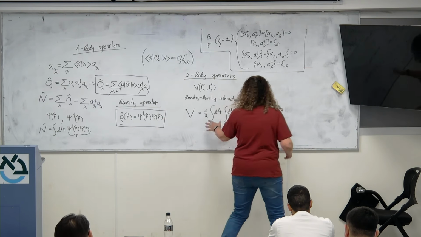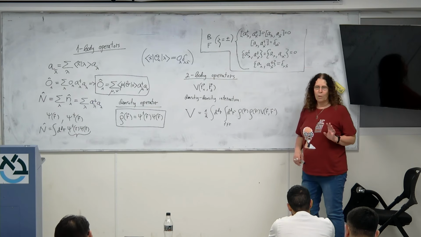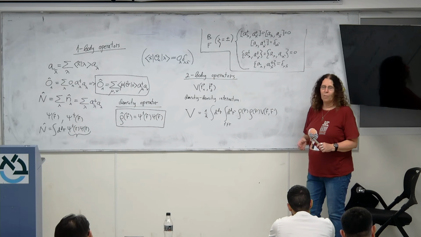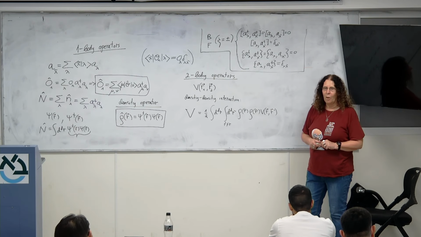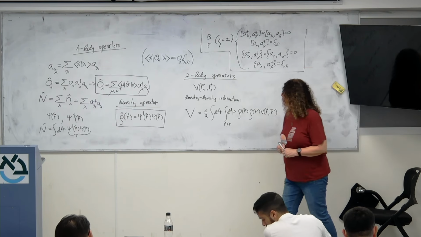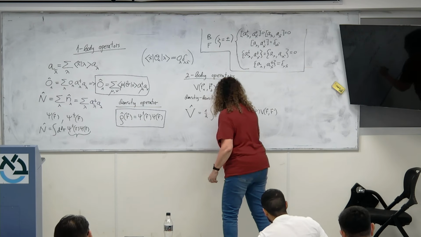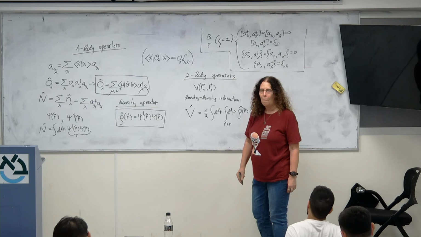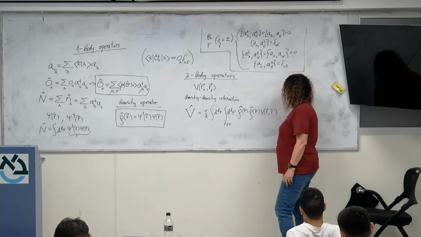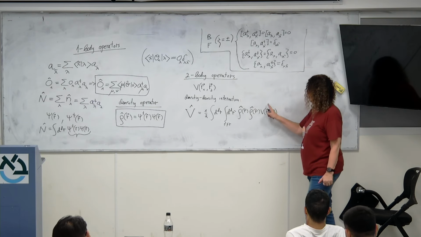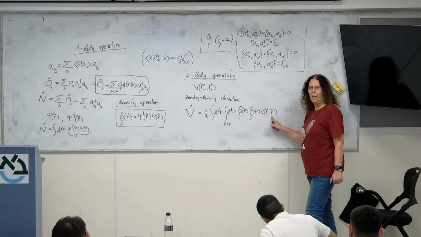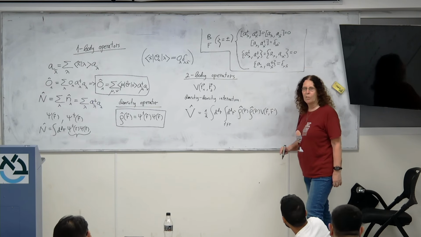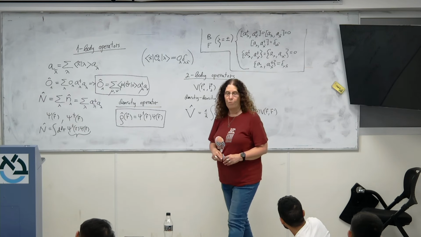Now, what I wrote here is a classical expression. Notice that I don't have any hats. Now I want to turn it into a quantum mechanical operator. How do I do that? Very simple. Put the hats. But notice that this V of R, R prime is just a function. This is not an operator, it's just a function of R and R prime.